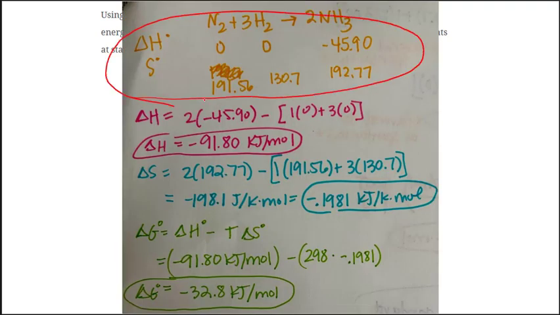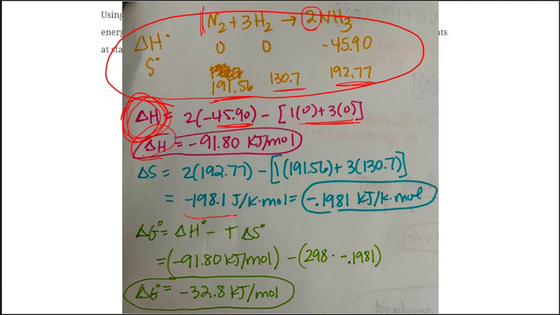I took values from the appendix for enthalpy and entropy for N2, H2, and NH3. To find delta H, I did products minus reactants. 2 times the value of NH3 minus, this is 1, so 1 times 0, and 3 times 0, so that would be 0. I got a delta H value of negative 91.80 kilojoules per mole. For entropy, I did 2 times my entropy value minus 1 times nitrogen's value plus 3 times hydrogen's value.